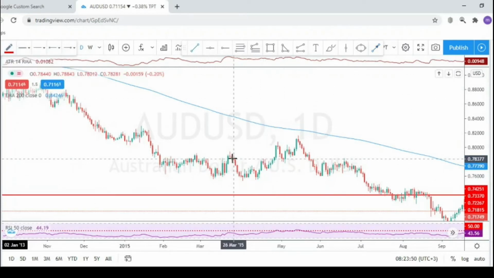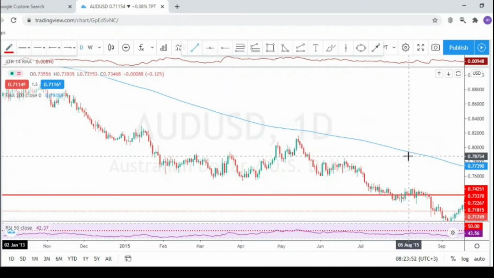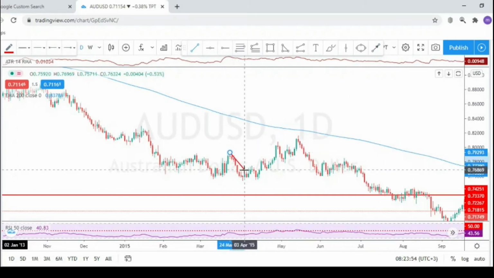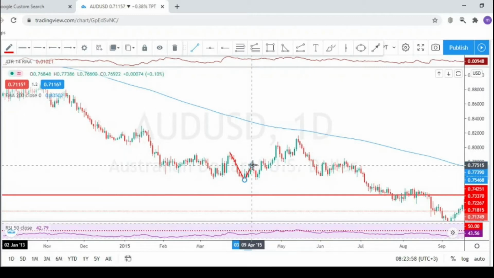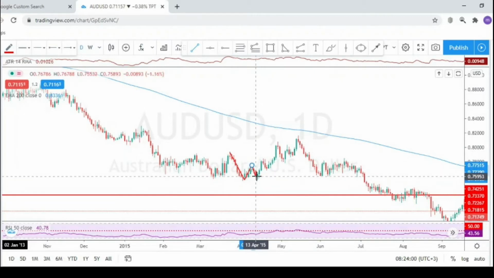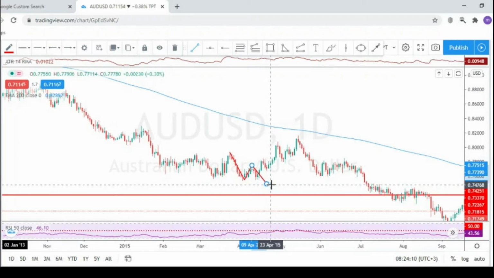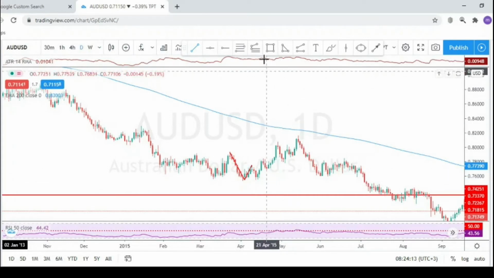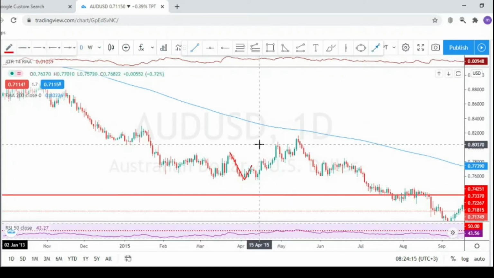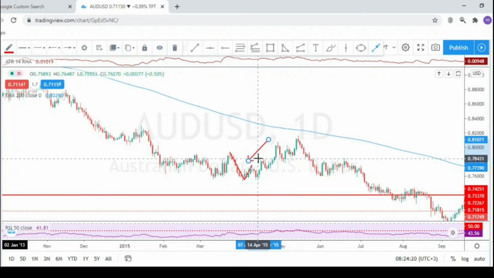As you can see, this market is trending below this moving average, made a pullback and did not continue to the downside with a massive impulsive leg. So this would be a losing trade, probably up to here.